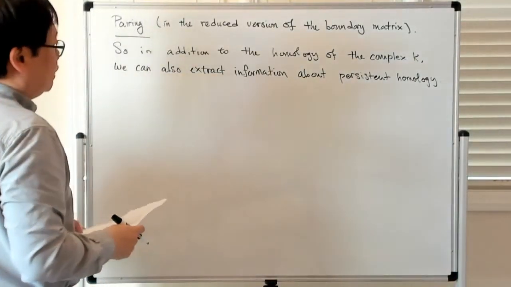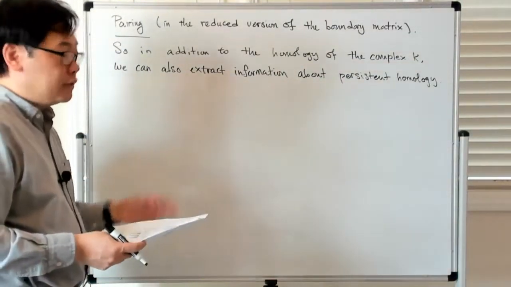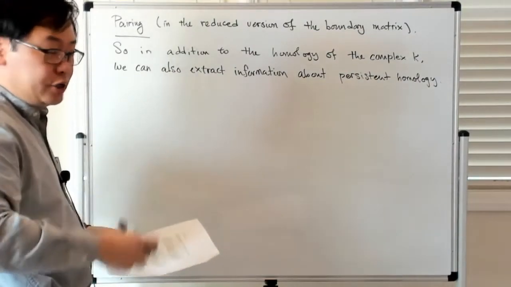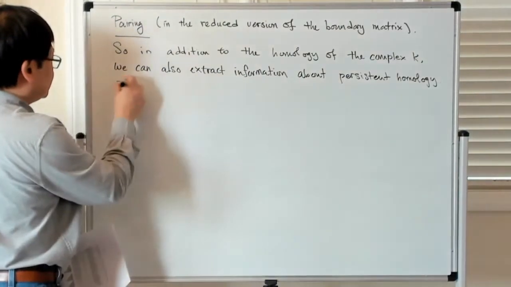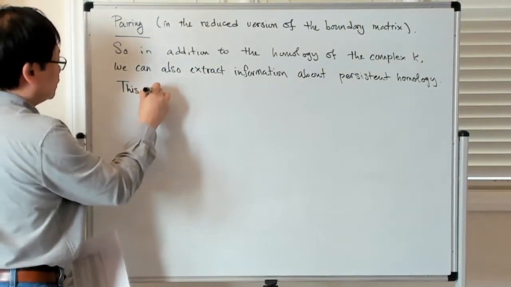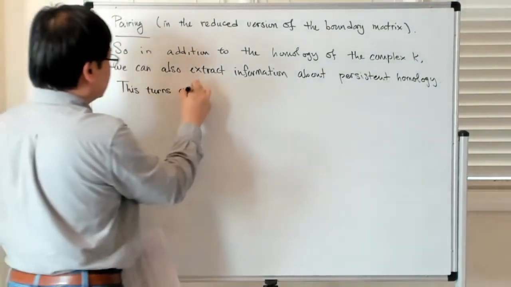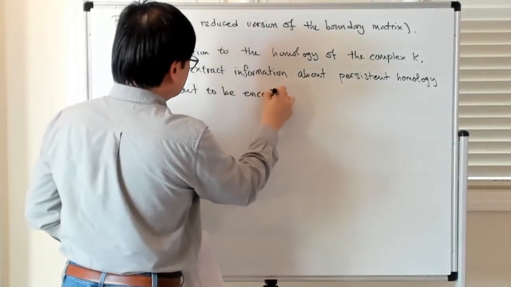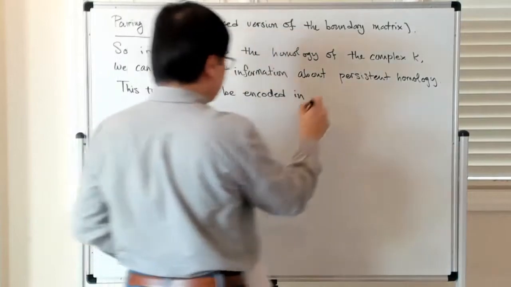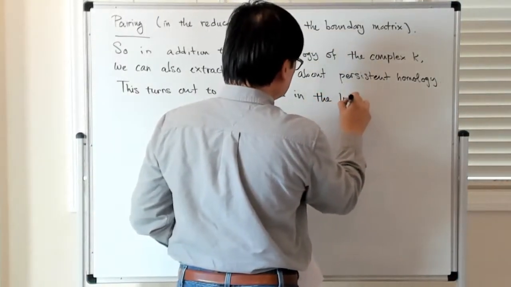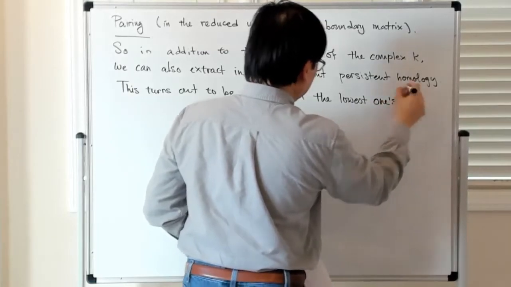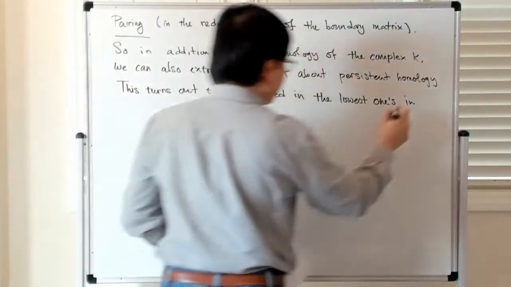Okay, and the way all this information is encoded is in this idea of the lowest ones in each column.